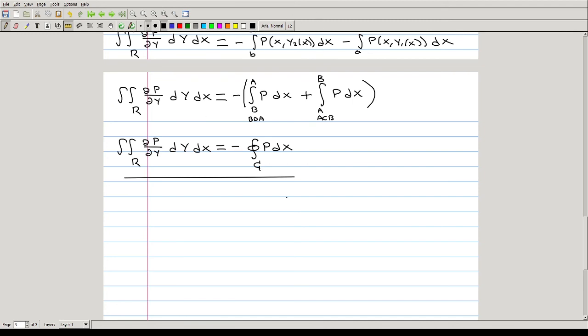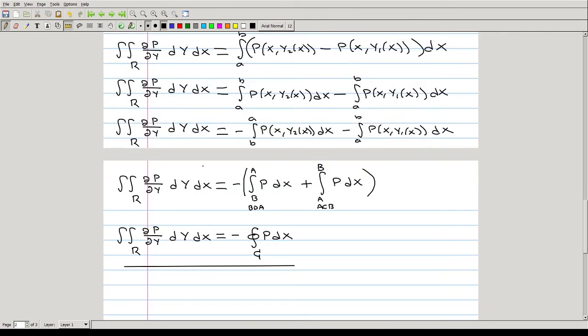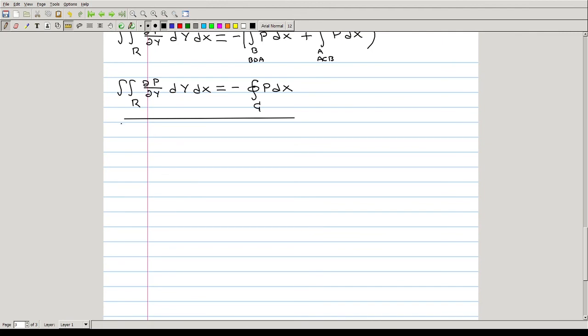And so a good exercise for you to do would be to go through this entire list of equations, but for dg dx. I'm going to say that you should check this next statement.